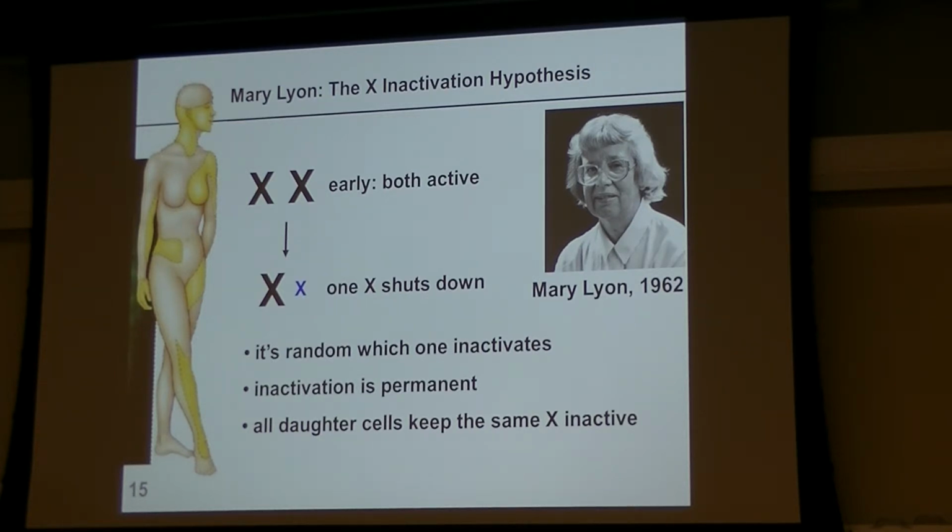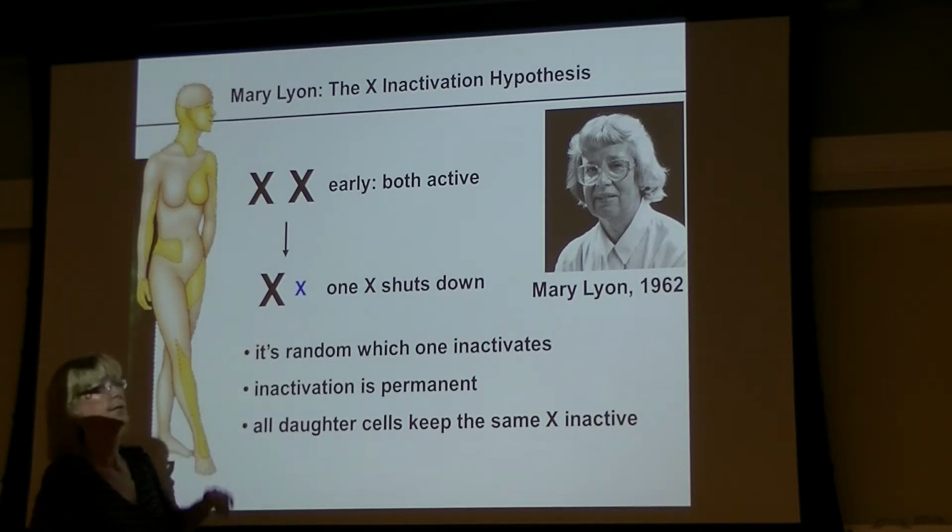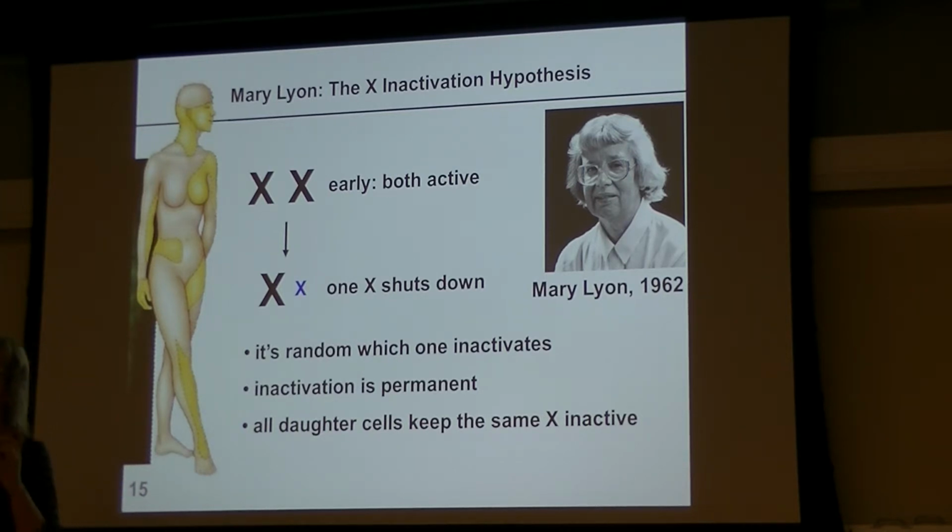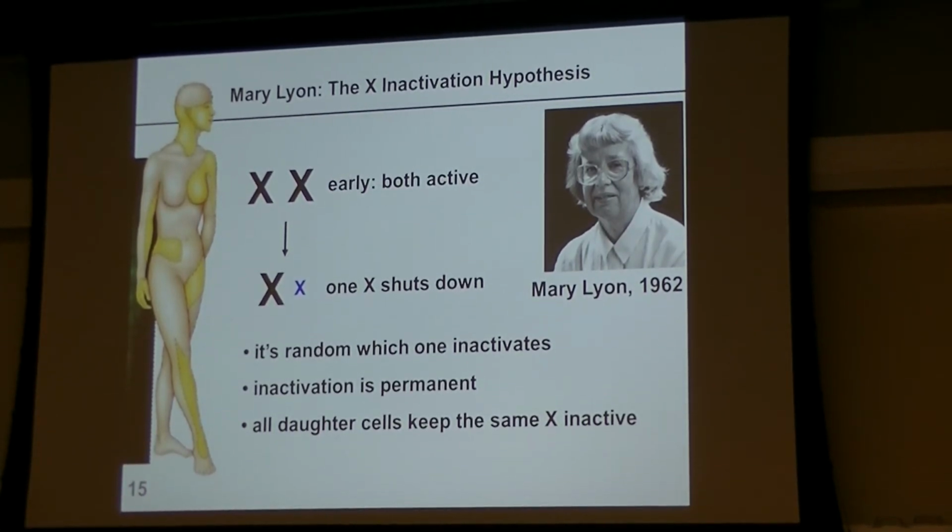And then at some point in early embryogenesis, the event of X inactivation occurs, and one of those X's will shut down. And then for that cell, every daughter cell from that point on tends to shut down the same X. And so what this gives rise to is actually a patchwork of cloned regions.